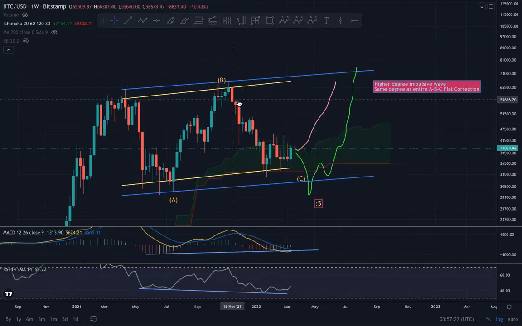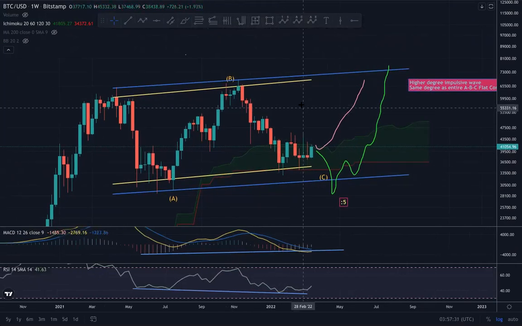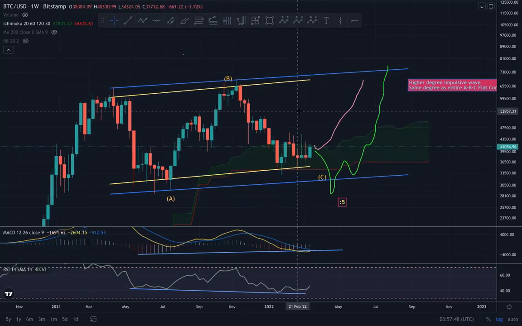Also something to note, and we'll look on the lower time frame, is that as per Neowave, the terminal impulse is in fact not a 5-wave impulse move, but it's corrective in nature. It's made of 5 corrective waves, 3 waves. So in that sense, I will look on the lower time frame. But this is a general idea of what we're looking for.